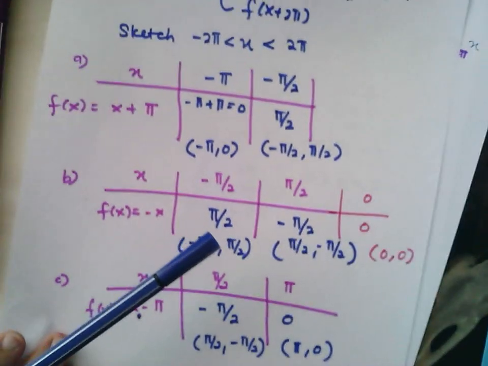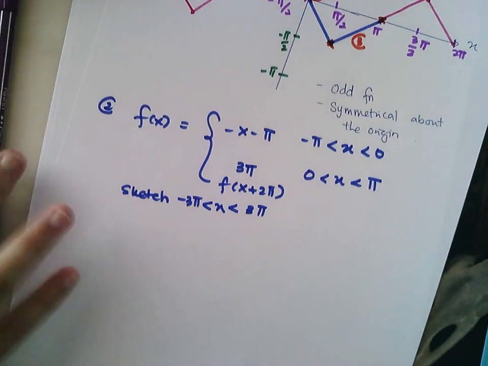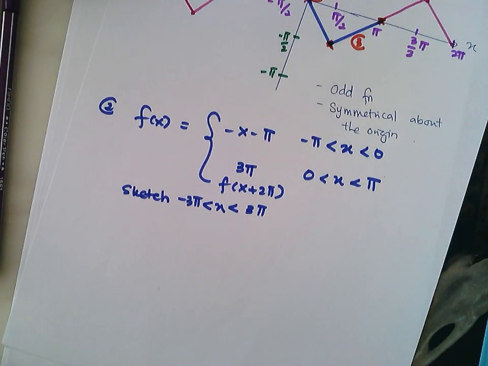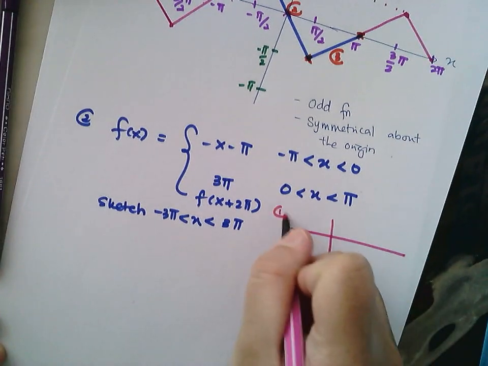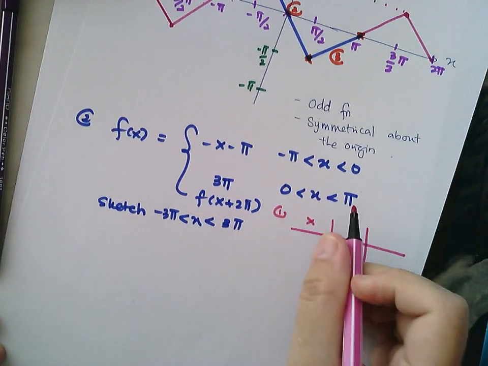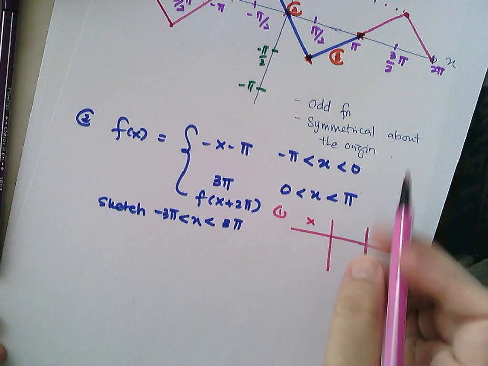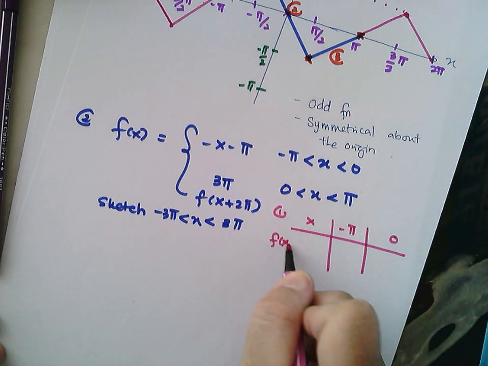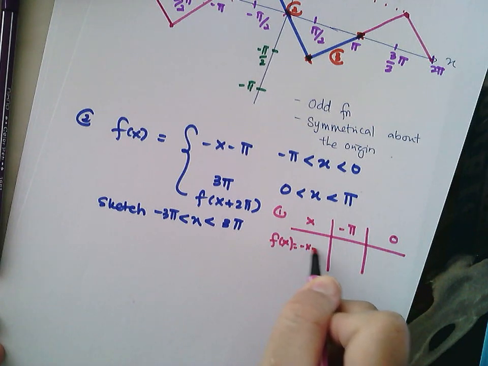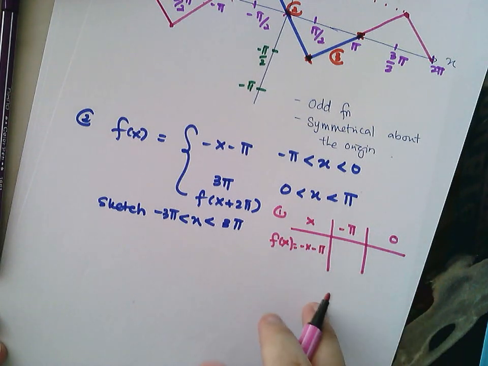Okay, so for the first function here, your x is negative pi and 0. So negative pi, 0. What is your f(x)? Negative x minus pi. So substitute negative pi here.